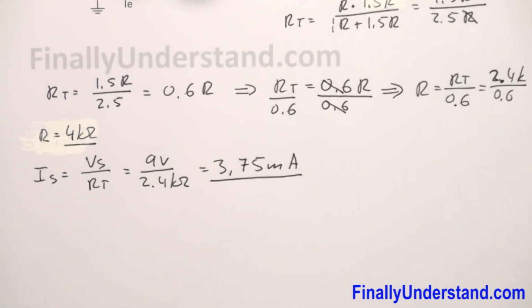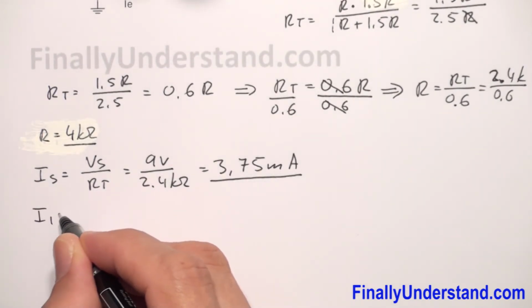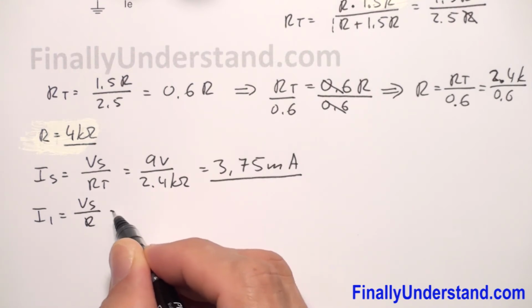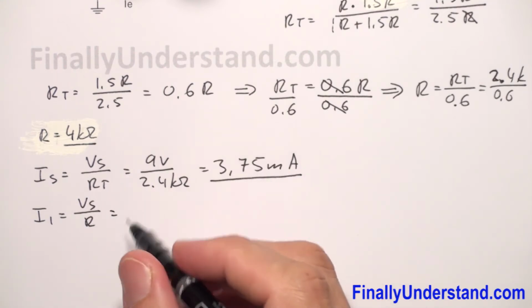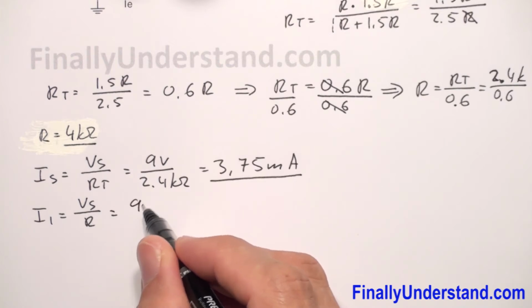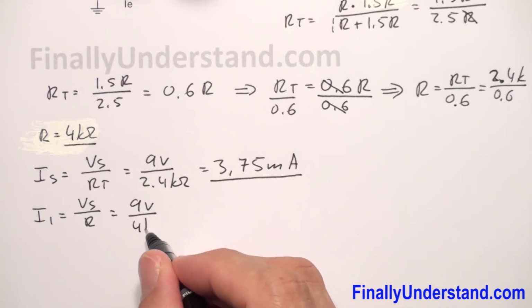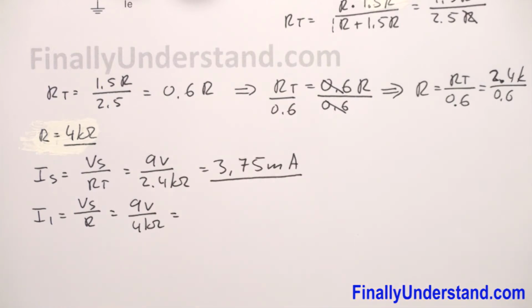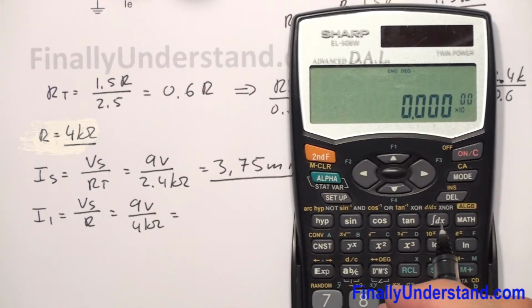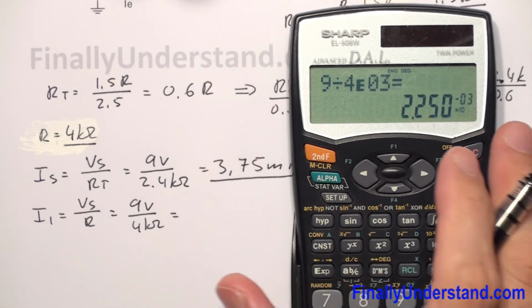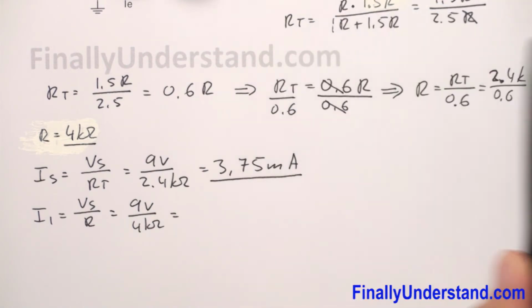So I1 is equal to voltage source over R. Voltage source is equal to 9 volts over R, which is equal to 4 kilo ohms. So I1 is 9 divided by 4 exponent 3. This is equal to 2.25 milliamps.